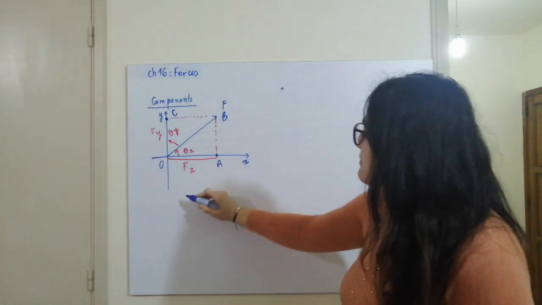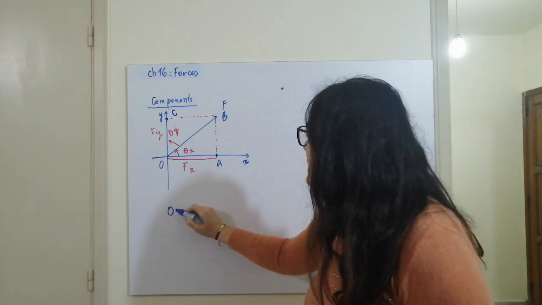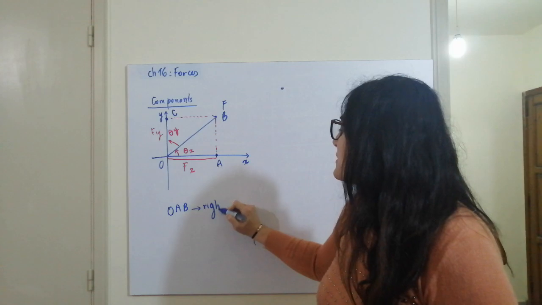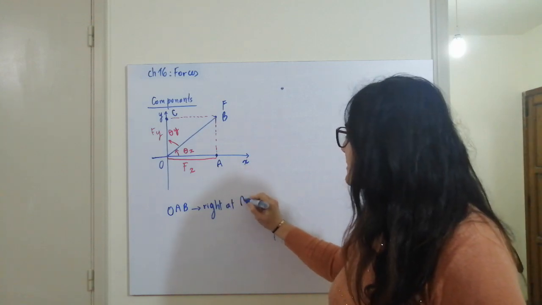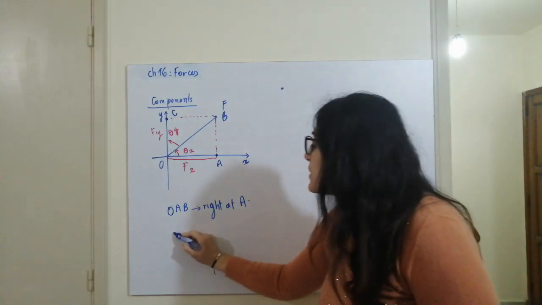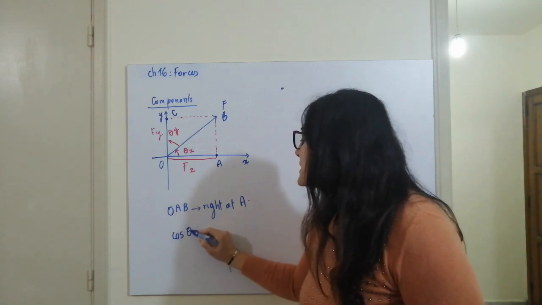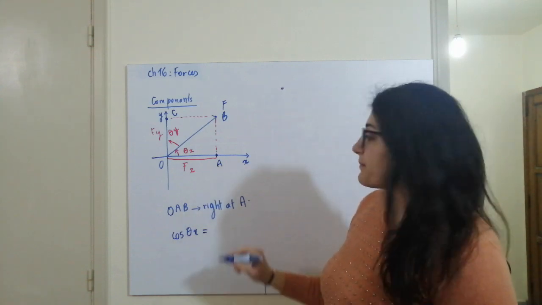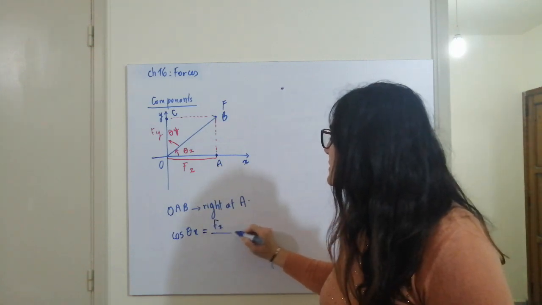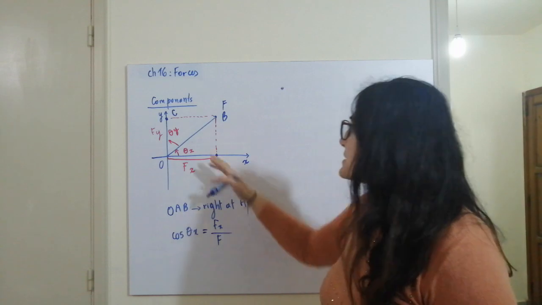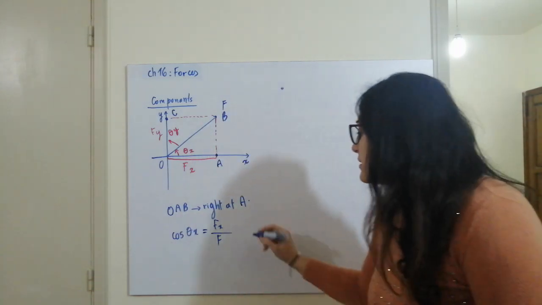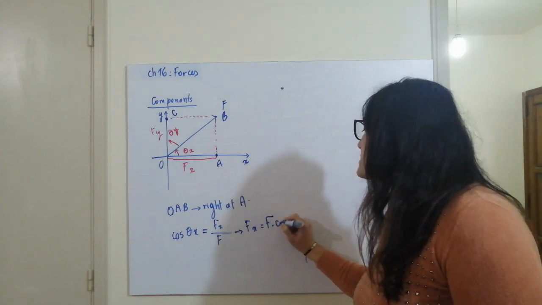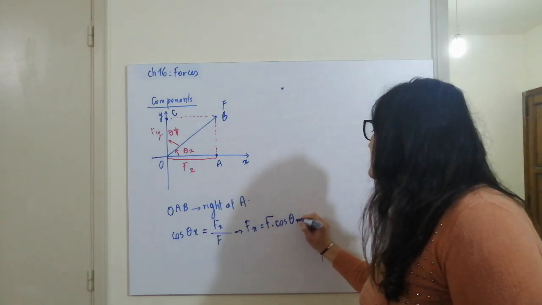First, if we take the triangle OAB, it is right at A. So, if you want to calculate cosine theta x, you will get adjacent, which is Fx, over the hypotenuse, which is F, which means Fx equals F times cosine theta x.